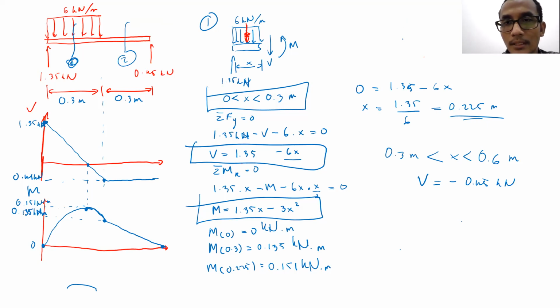If you want to cut it from the right, it will be just the X value. So we have 0.45 kilonewton there. What else do we have in the free body diagram?